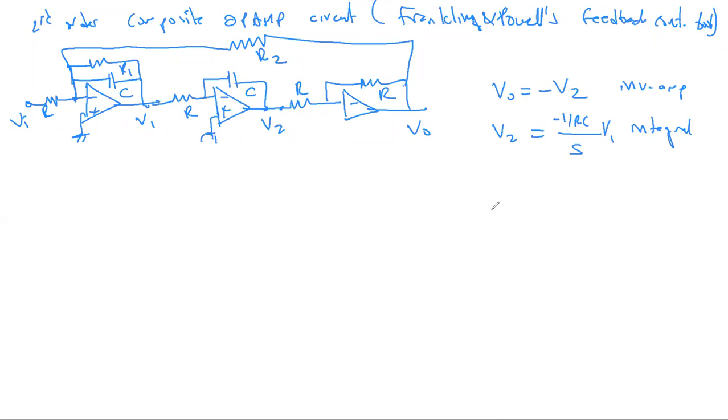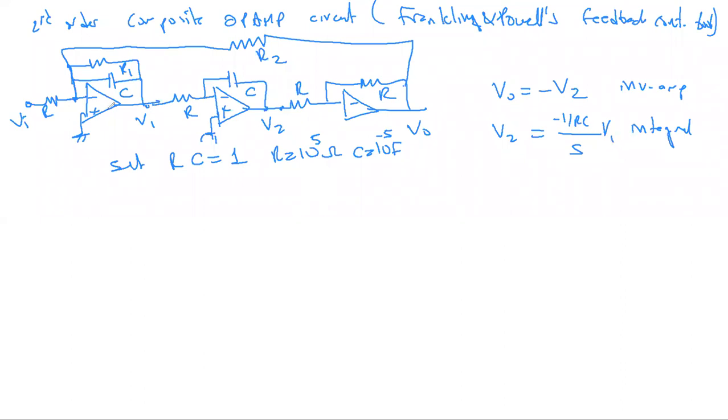To make my life simple, I'm going to set R times C equal to 1 as a constraint. So let R be 10 to the power of 5 ohm and C be 10 to the power of minus 5 farad. Okay, 10 microfarad and 100 kilo ohm resistors are used for R and C values to get that RC equals 1 equality. So I'm going to get minus 1 over S times V1 in here.